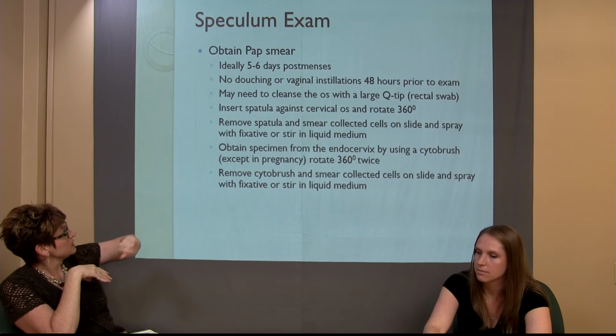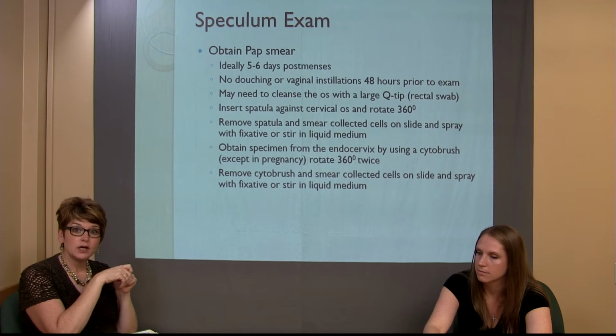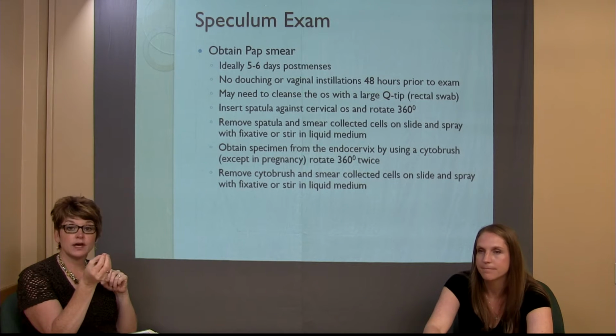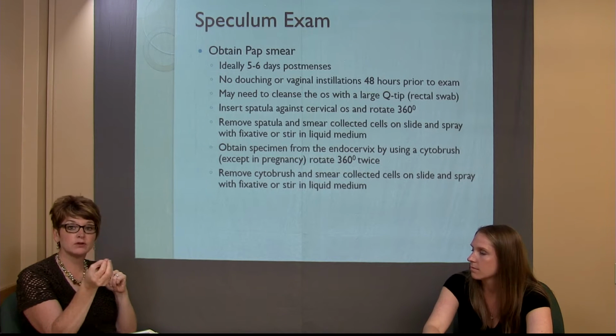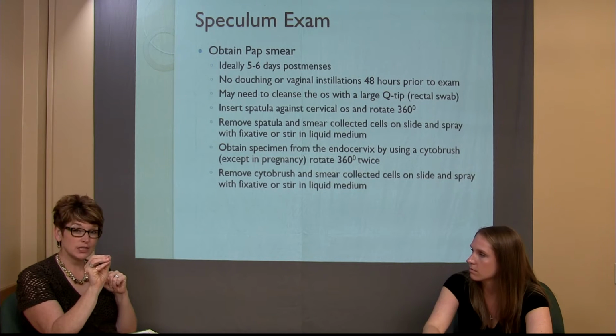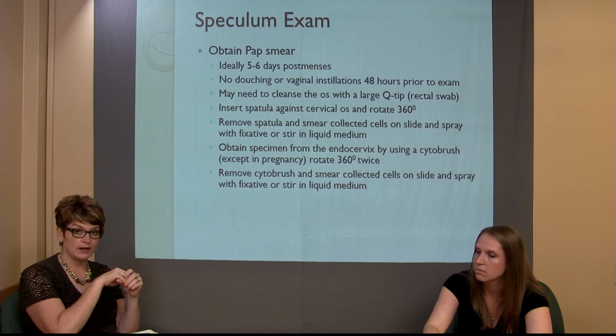There's that large Q-tip. If you're going to evaluate for chlamydia and gonorrhea, you use a special cotton-tipped applicator that is particularly for chlamydia and gonorrhea testing, and you put it at the os. You leave it there for 30 to 60 seconds, and you rotate it 360 degrees, put it into special solution, and send it off for evaluation.